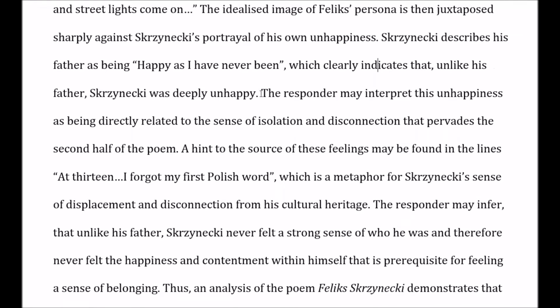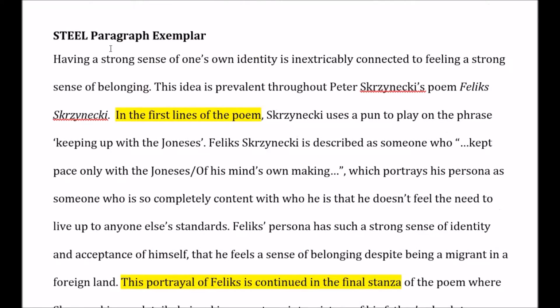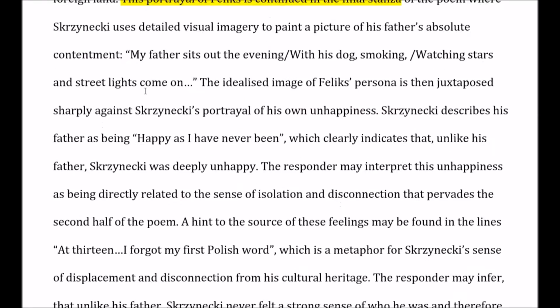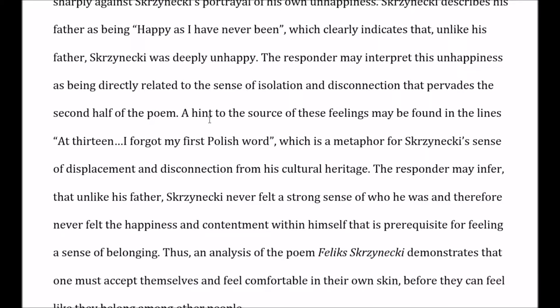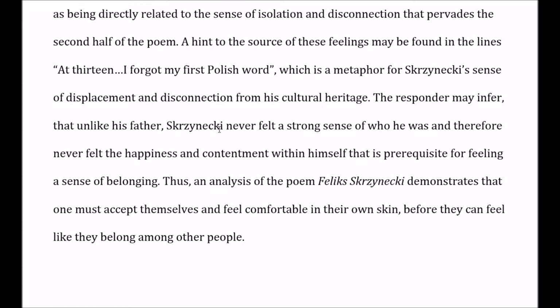And the connection I've made back to the topic sentence, because each part of your paragraph must link back to this key idea, is basically saying that because Peter Chernetsky never had a strong sense of who he was, he always felt unhappy, and he felt a sense of isolation. He didn't feel that sense of belonging because he never felt a strong sense of who he was, which is the opposite to his father.